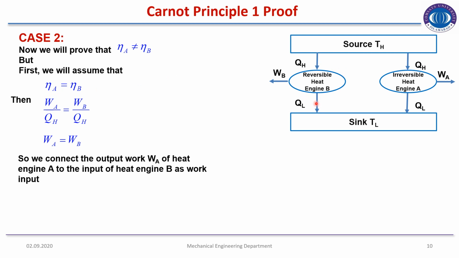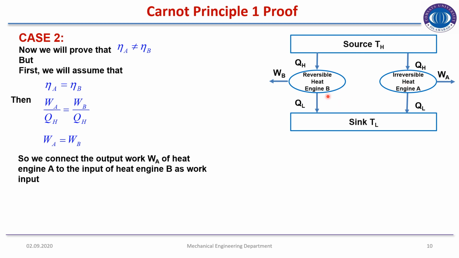As both heat engine efficiencies are same, their output WA will be equal to WB. So we connect the output work WA of heat engine A to the input of heat engine B as work input.